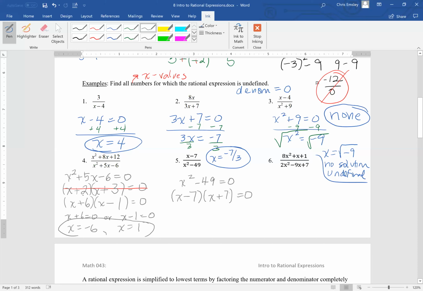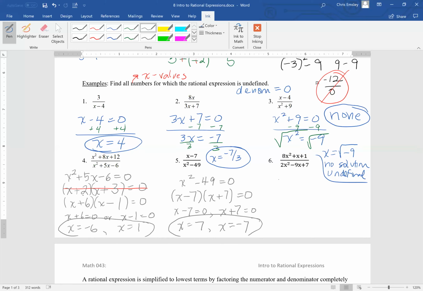And then from here, same as last example, take each one of those factors, set them equal to 0. For this first one, add 7. It's already a minus. We'll add 7 to both sides, so we get x equals +7. For our second factor, we'll subtract the 7 to move it over, so we get x equals -7. So again, there are 2 x values that would give us an undefined rational expression for number 5.